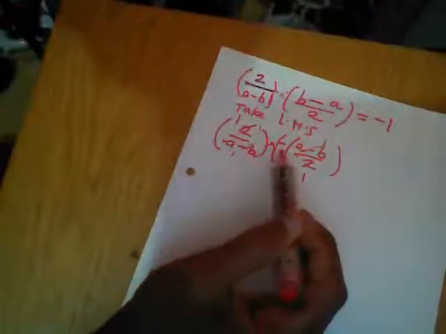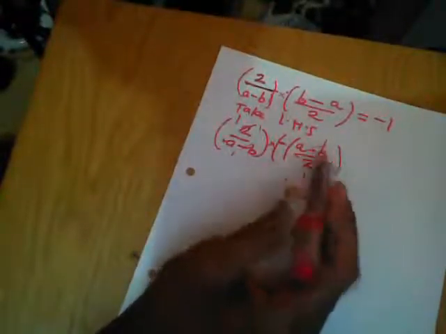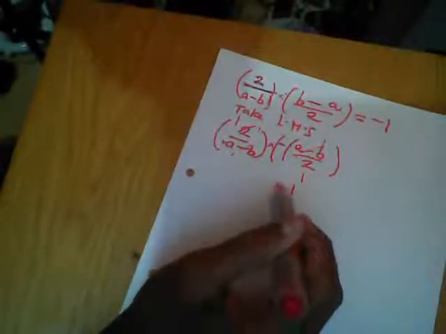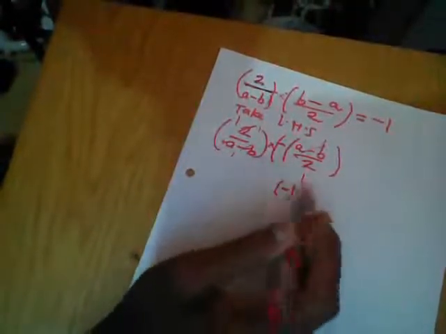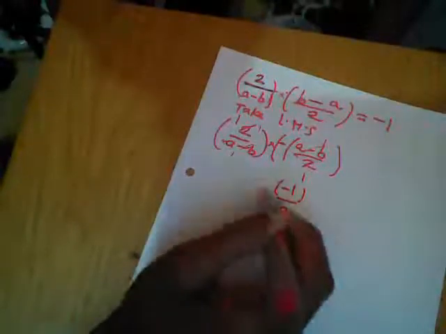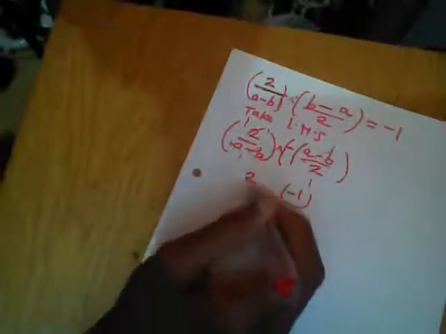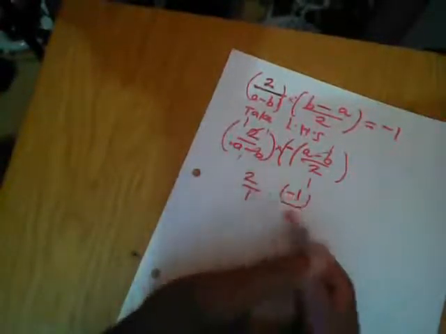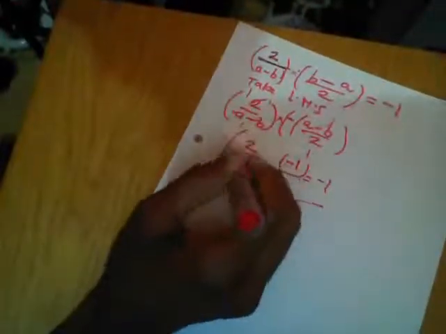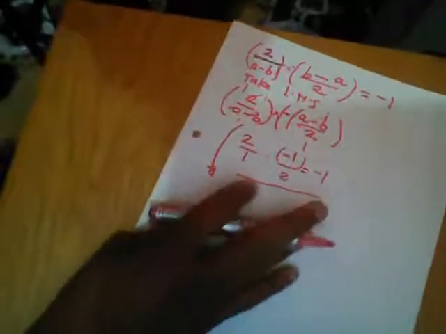So 1 times negative 1 means this gives me negative 1 on top over 2, because this is going to cancel, but you still have a negative here, and this half is going to give me 2 over 1, so this is going to be negative 2 over 2, equal to negative 1.